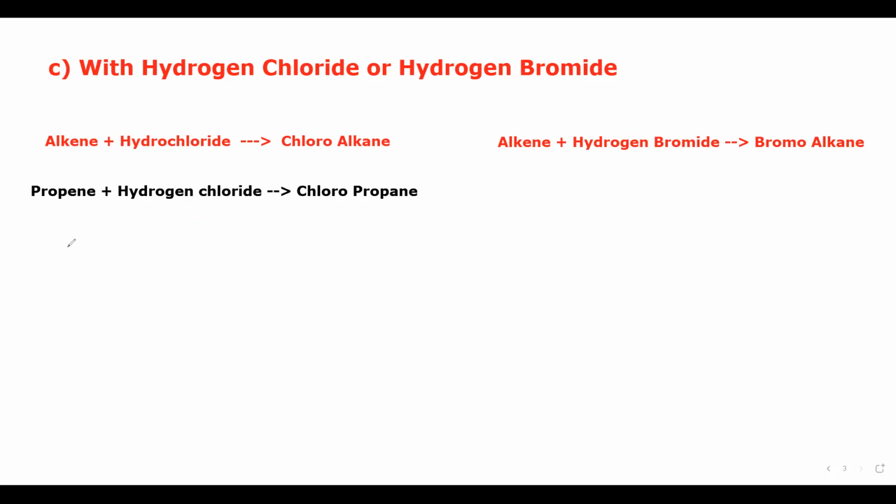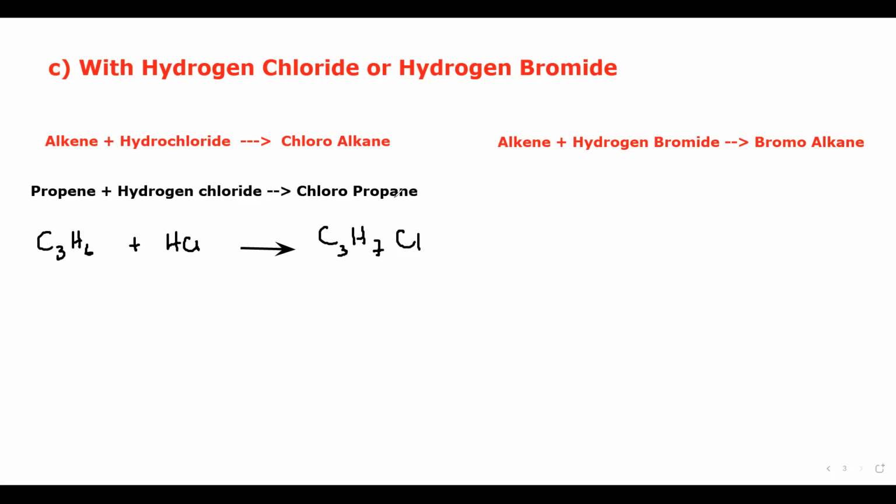Propene means C3H6 and hydrogen chloride means HCl. So when propene is mixed with hydrogen chloride, this hydrogen will be added. So it will become C3, this 6 plus 1, 7, so C3H7Cl. Always remember addition reaction occurs. Whatever reagents are there, they all add up and form a product.